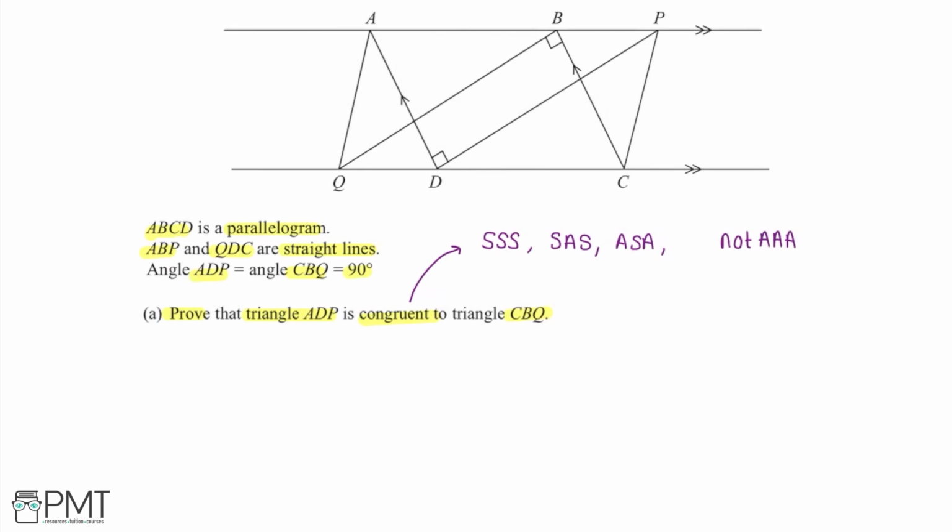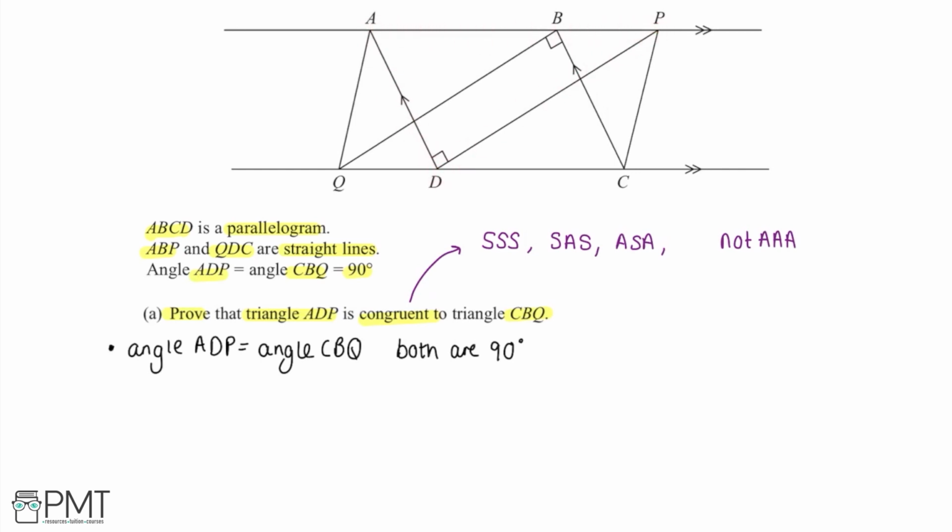So I can firstly write down that we have 2 right angles here. So we have the angle ADP is equal to the angle CBQ. And that's what we're given in the question. We're told that both are 90 degrees. So here, we've kind of given our first point of reasoning in this proof. We have an angle which is equal in both triangles.